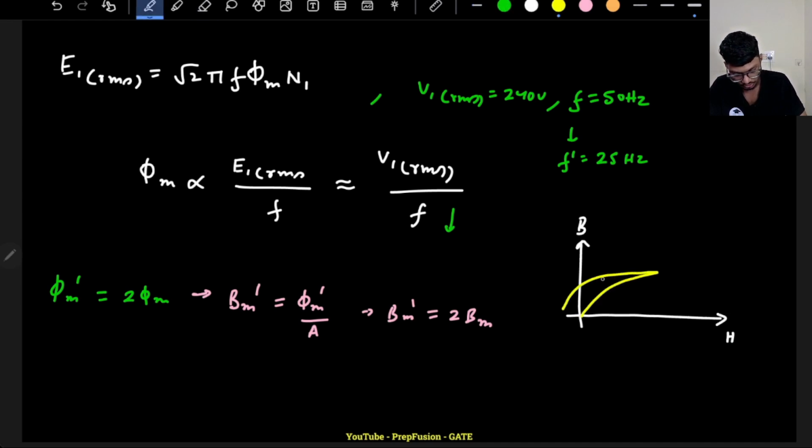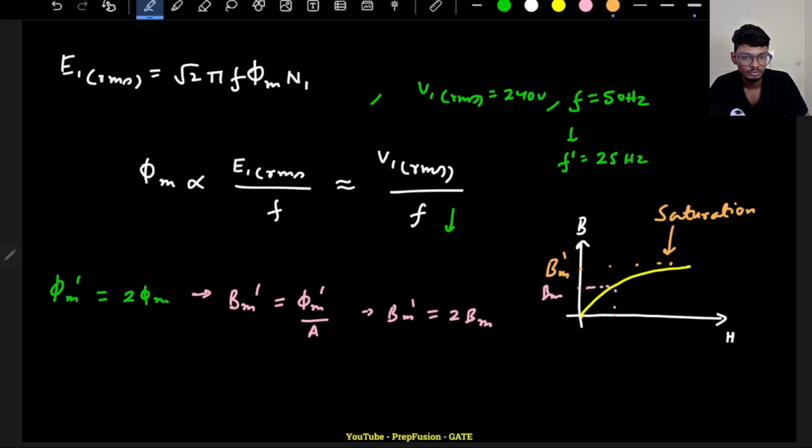Initially my Bm was here, but my flux density has increased, so I am lying here. So this is my Bm dash, twice of Bm, correct? So this is a problem: saturation. And we know that in saturation, harmonics and all those things are there. So it's not like I can reduce the frequency very low. That is one problem.